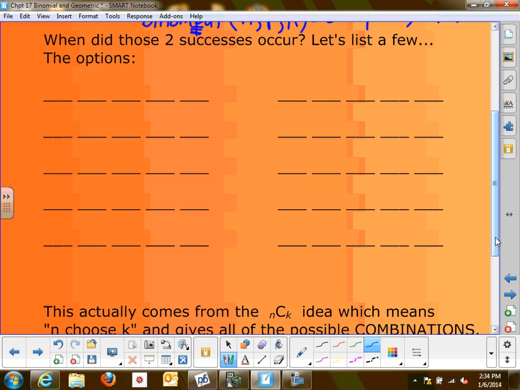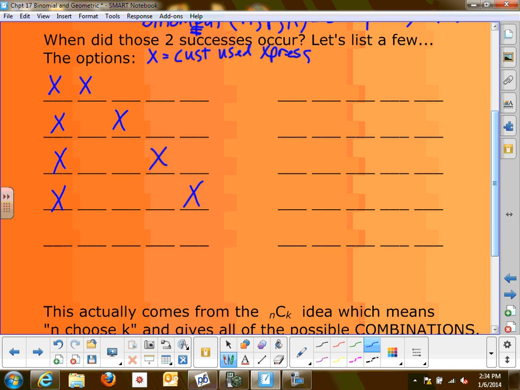So let's do that. If X is my customer that used the express lane, then out of 5, that could have occurred on the first and second person I asked. It could have occurred on the first and third person I asked. It could have occurred on the first and fourth person I asked, or it could have occurred on the first and 5th person.